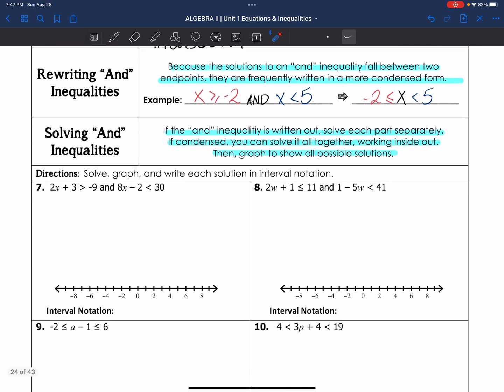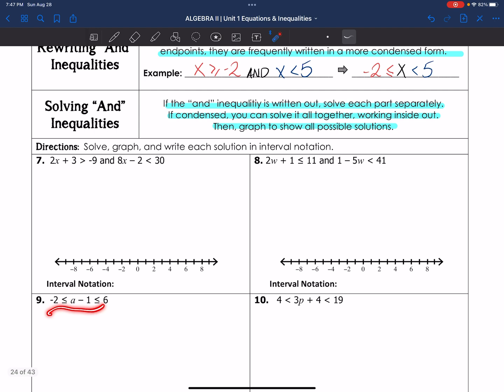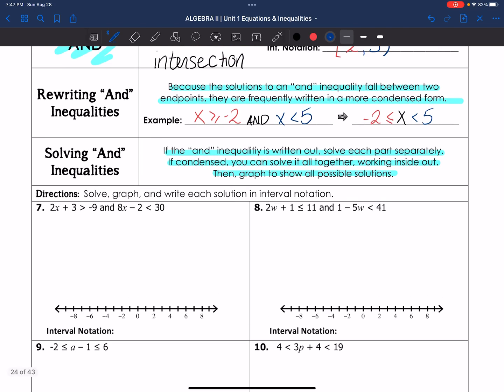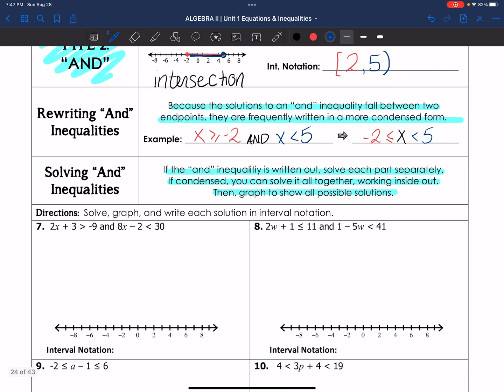But if it's in this condensed version like you see here, you're going to want to solve it in pieces or all together and then move on from there. So let's go ahead and do example 7 here together so that we have a glance at what that looks like.